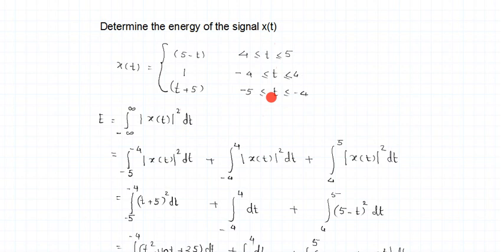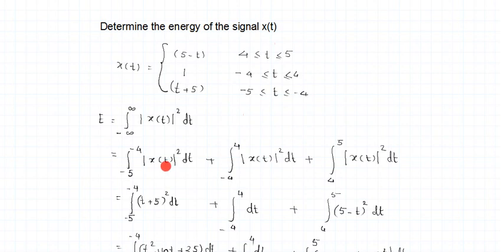We split the integration from minus 5 to minus 4, then minus 4 to 4, and then 4 to 5. So we are going to split the integration into three different parts. This is how we have split the integration.